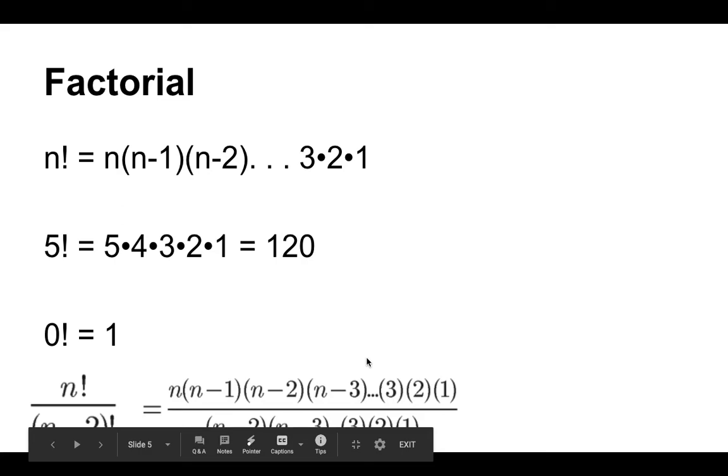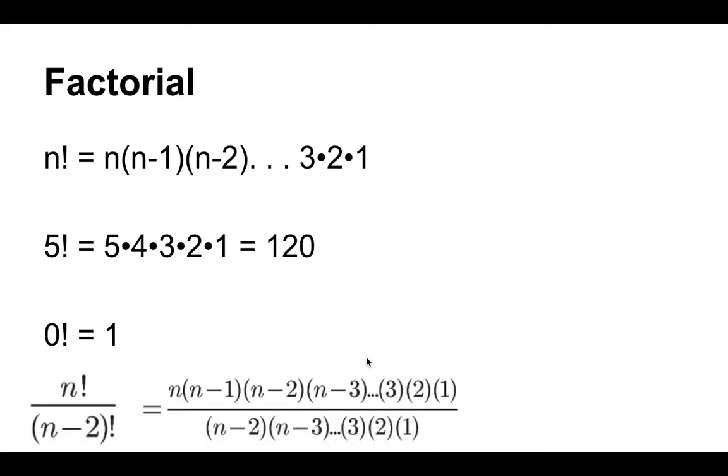And we continue as long as we need until we get down to 1, but we notice that eventually the lists are the same. And so basically the top and bottom are the same except for those first two things in the numerator. And so that whole mess just simplifies to n times n minus 1, which is definitely a handy thing to be able to do occasionally. And like I said, that'll come up a lot later in the unit.